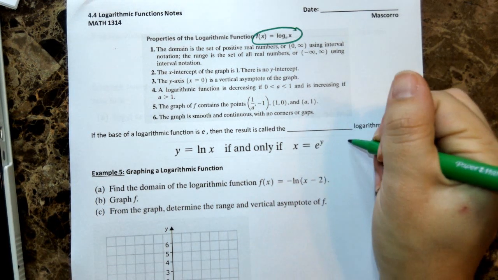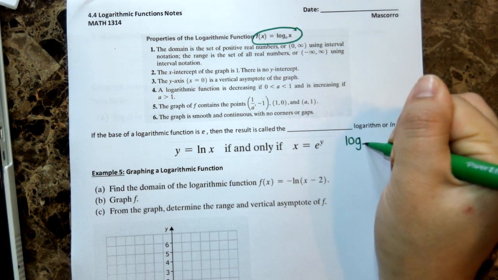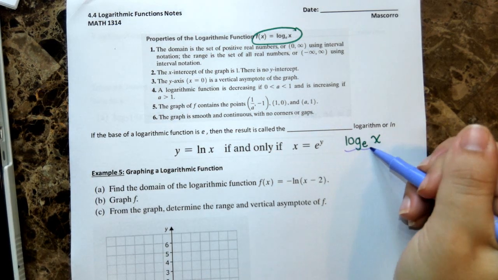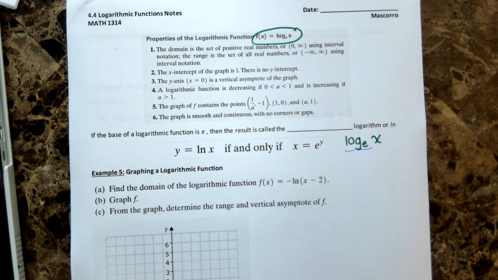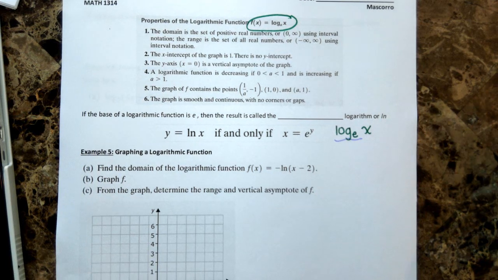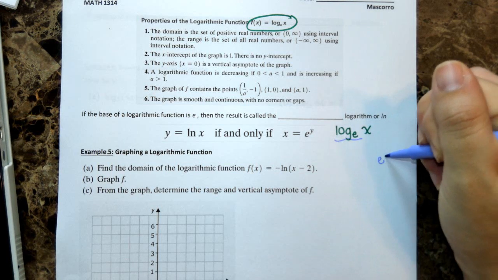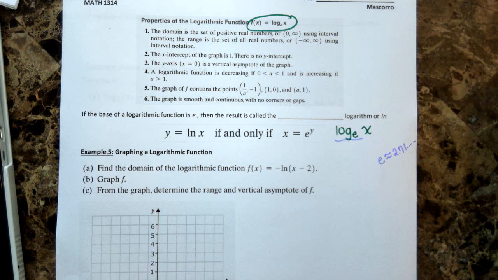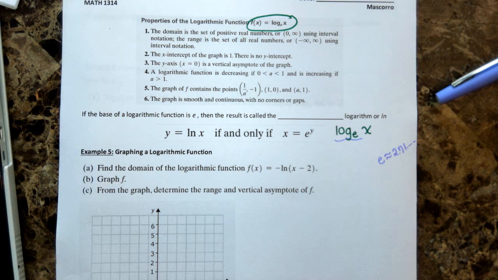However, anytime you have log base e of something, remember e is a famous number. It's an irrational number, approximately 2.71. It's just as famous as pi, except most people don't know about it, but they should. e is about 2.71, and it goes on forever with decimals, but it is a famous irrational number.